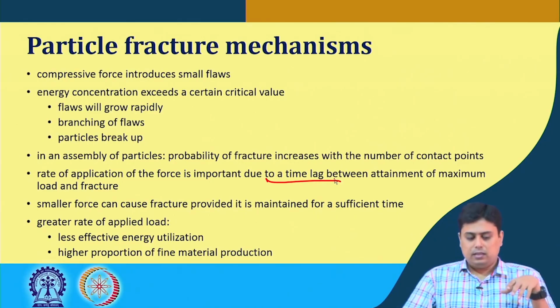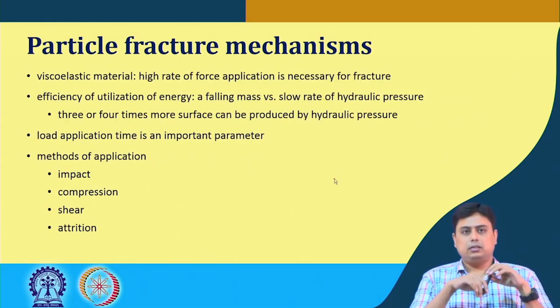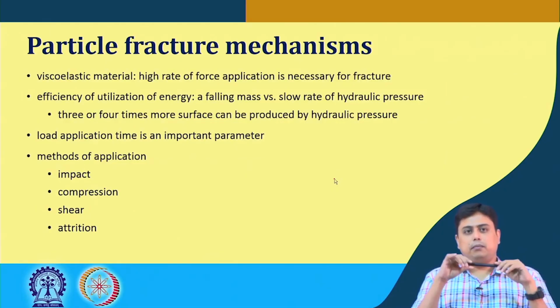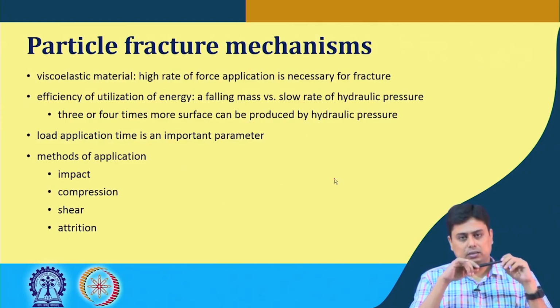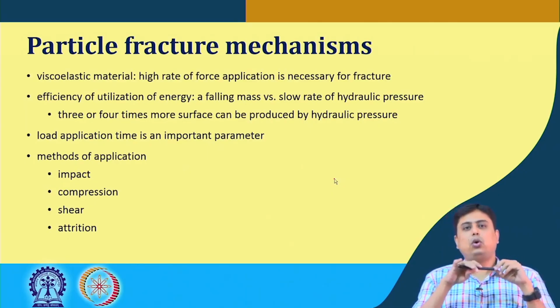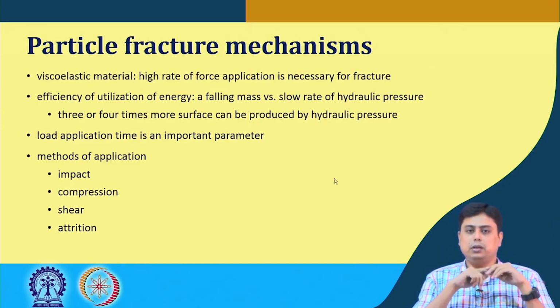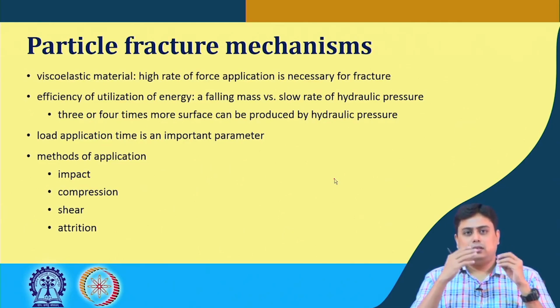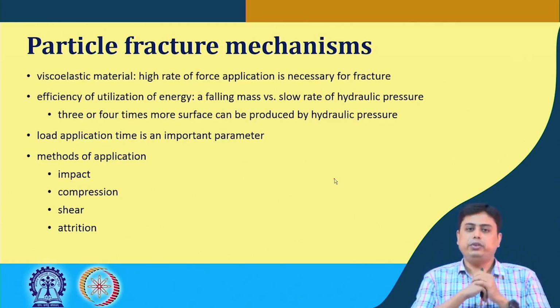So, that means an interesting comparison, say you have a falling mass and there is a slow rate of hydraulic pressure that is impacting a certain material, in which case you would expect that more surface would be created.